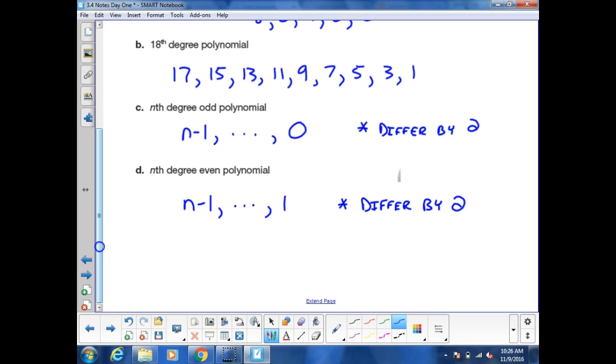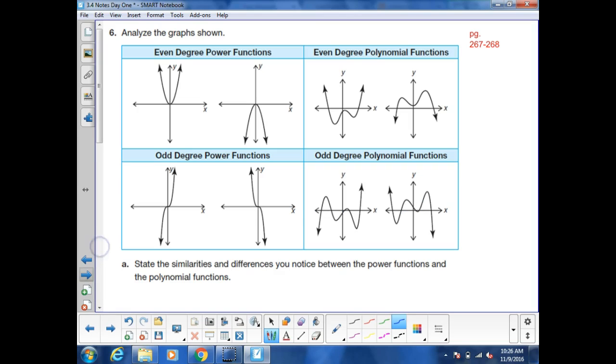What I'd like you to do now is turn to page 267. And on page 267, there's a chart. Okay? A power function is kind of like what we were talking about last week, Friday, where it's just a single term function. Okay? A power function is a single term function. Okay?